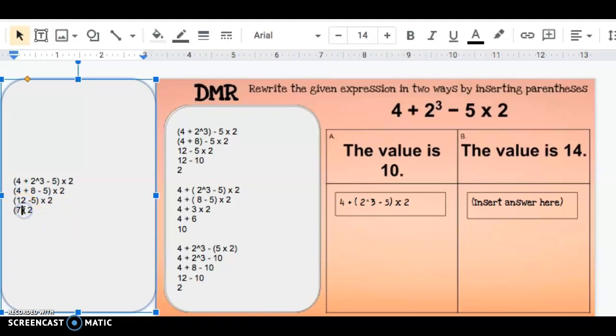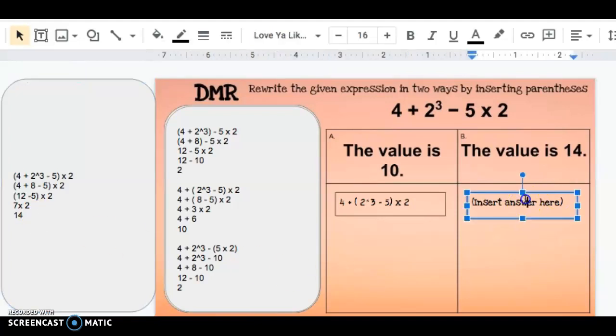That's why we don't have to put parentheses around that number, because there's already a multiplication sign. So 7 times 2 is 14. 14 is our answer. So we do 4 plus 2 to the 3rd power minus 5 inside our parentheses and times 2 at the end.